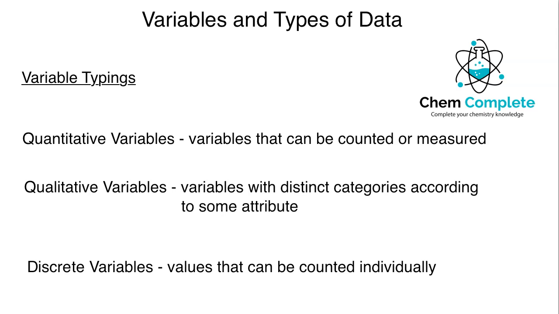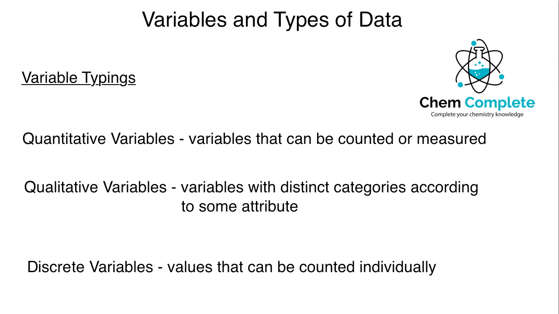In the opposite sense, a qualitative variable is a variable with distinct categories according to some sort of attribute, but we cannot assign a value or a number to it, at least not one that is measured or meaningful. An example of a qualitative variable could be if I go to a parking lot and see different colored cars and I start counting how many blue cars, how many red cars.